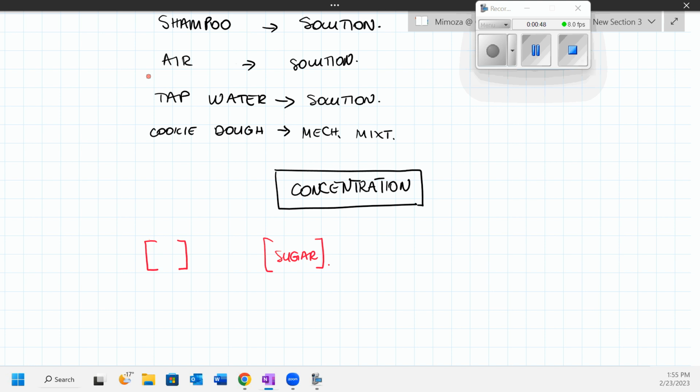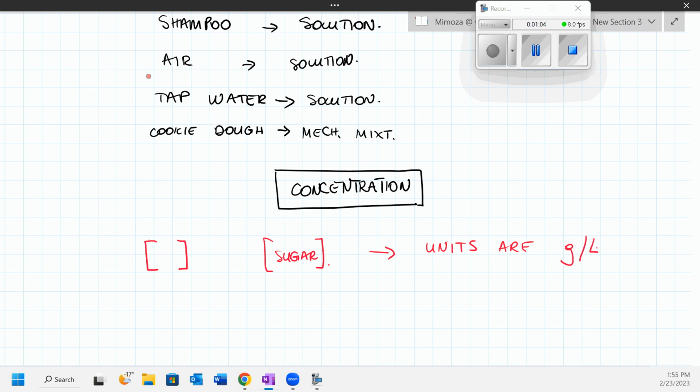And the units in which the concentration of a solution is measured are grams per liter.